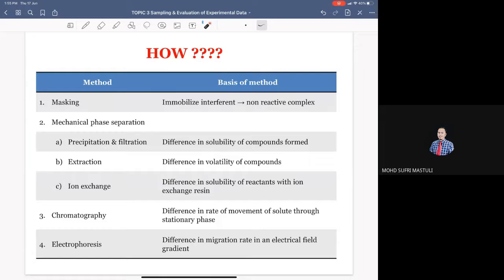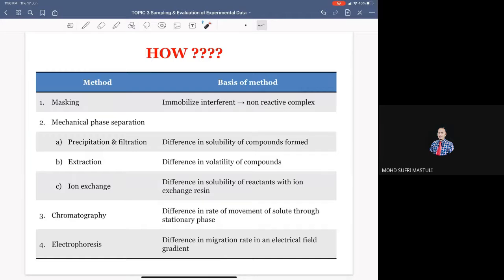So how do we reduce the interference? There are several methods. First, masking: we immobilize the interference to form a non-reacting complex. Second is mechanical phase separation.